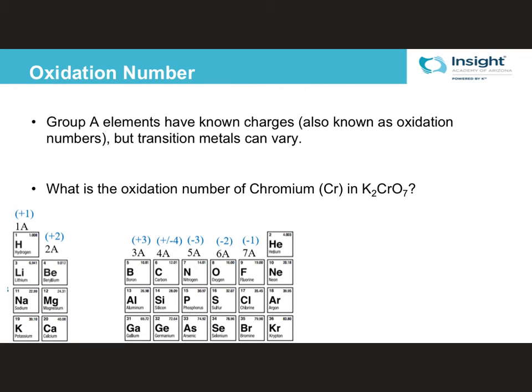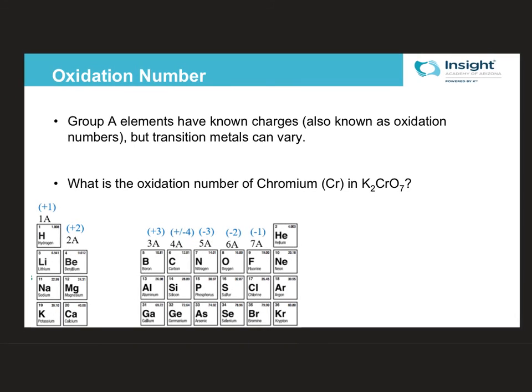Sometimes you'll be given the charges on things, other times you might have to determine what the charge is. And again, that comes from the known charges on our periodic table. So if you're asked to determine the oxidation number, that is asking you what is the charge.